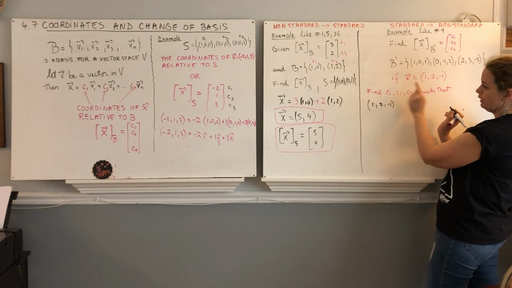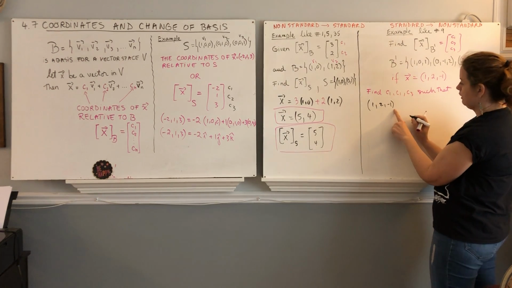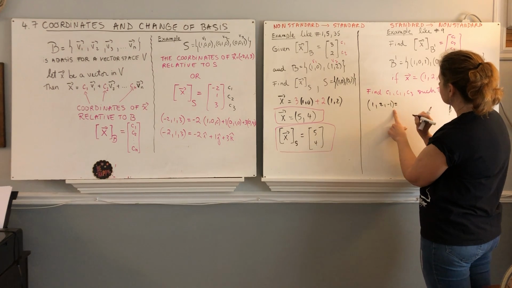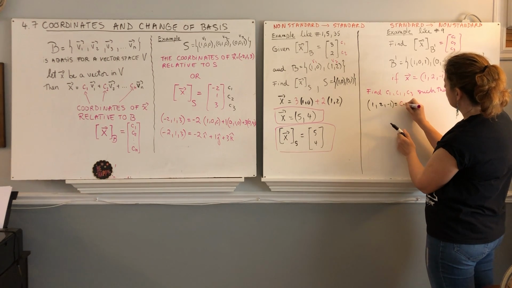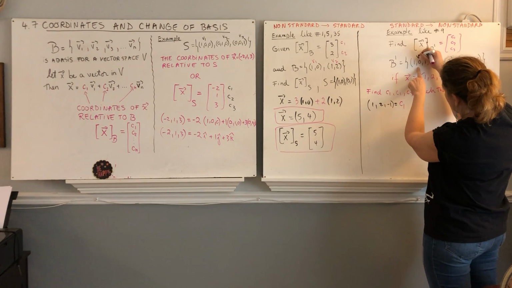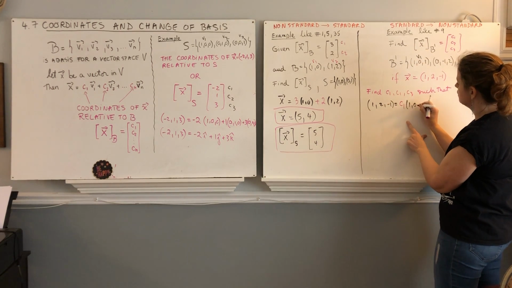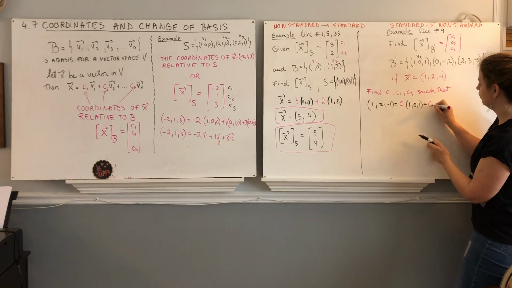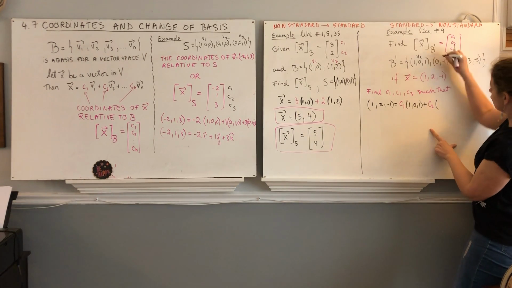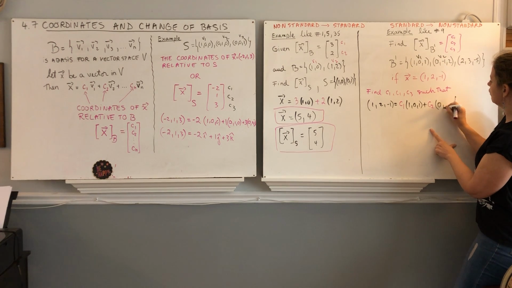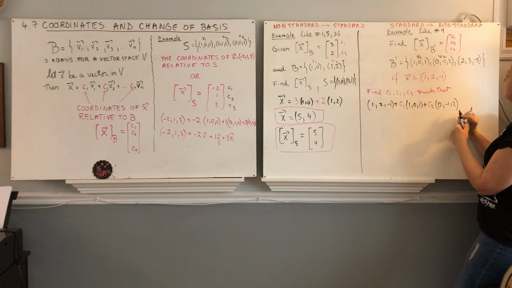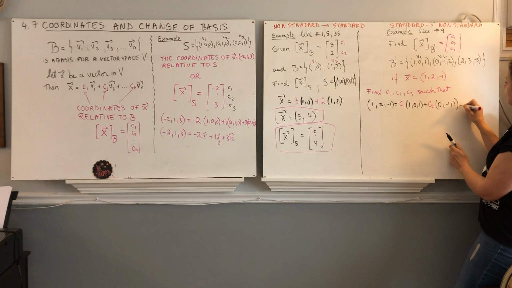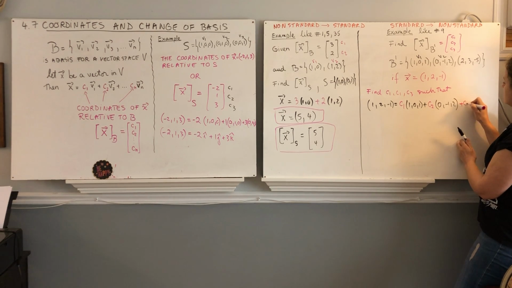So we write it this way when it's relative to the standard basis, as C1 times V1, that's 1, 0, 1, plus C2 times V2, 0, negative 1, 2, plus C3 times 2, 3, negative 5.